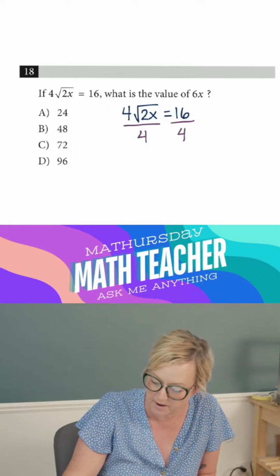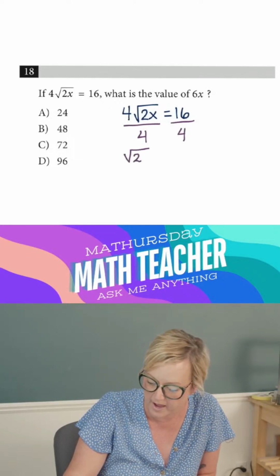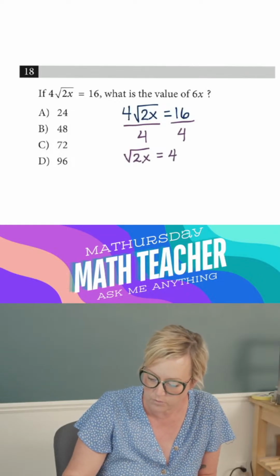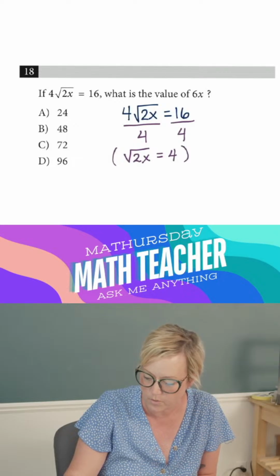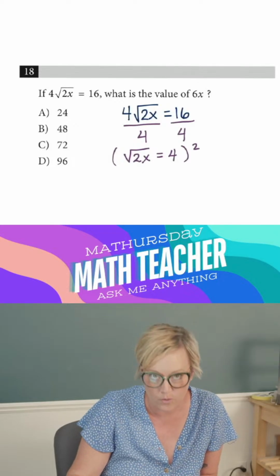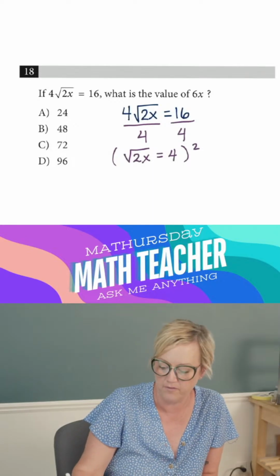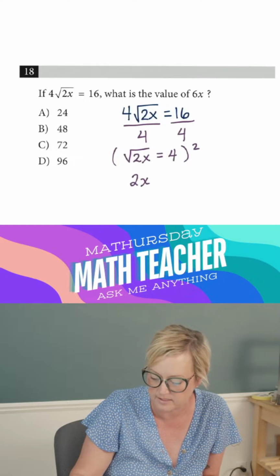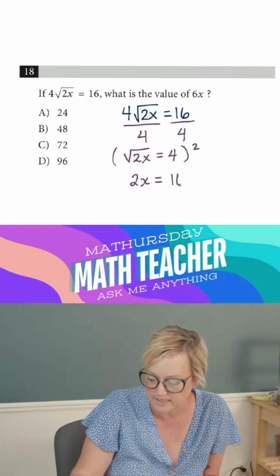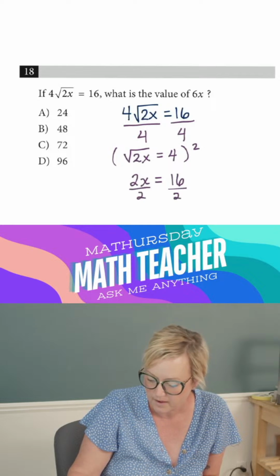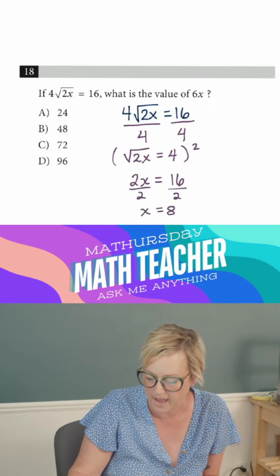So if we divide both sides by 4, we have root 2x equals 4. So then if I have the root, I'm going to square everything. The square of the square root is just going to be itself, right? So root 2x squared is just going to be 2x. 4 squared is 16. And then I divide both sides by 2. And I get that x equals 8.